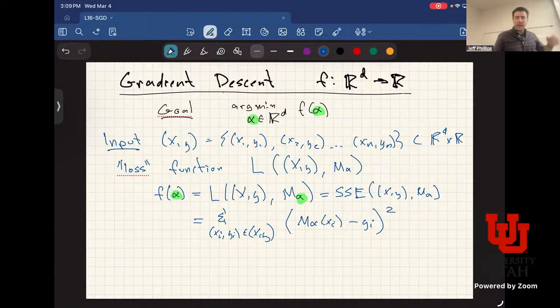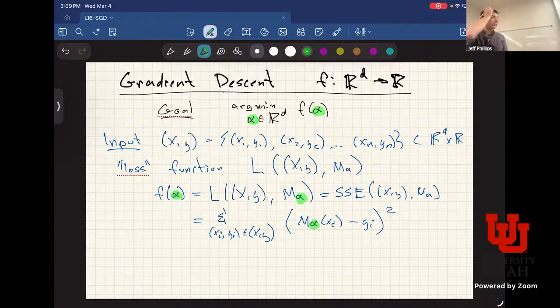Again, the only thing we're optimizing over is the choice of alpha.